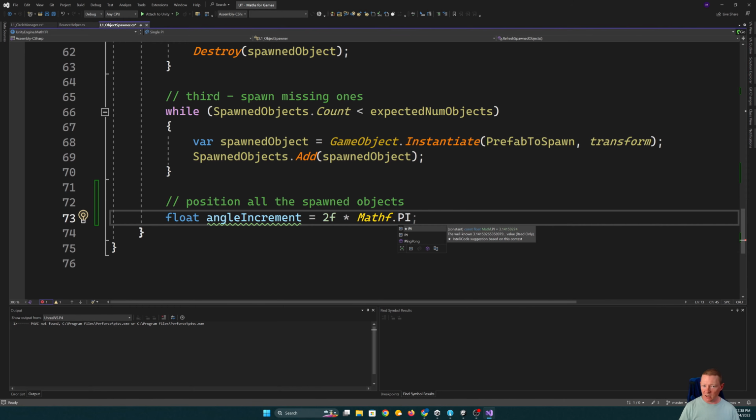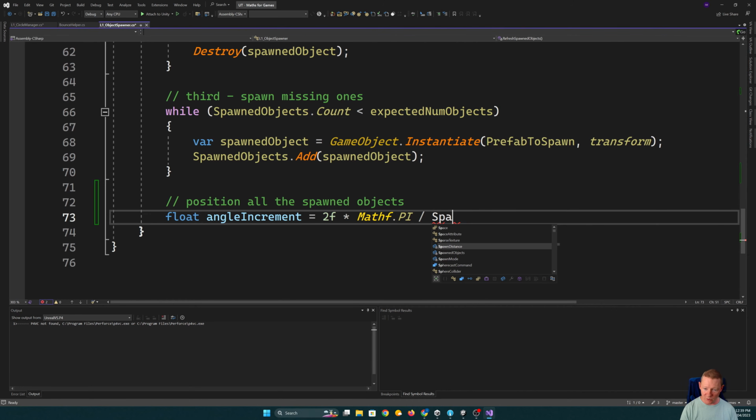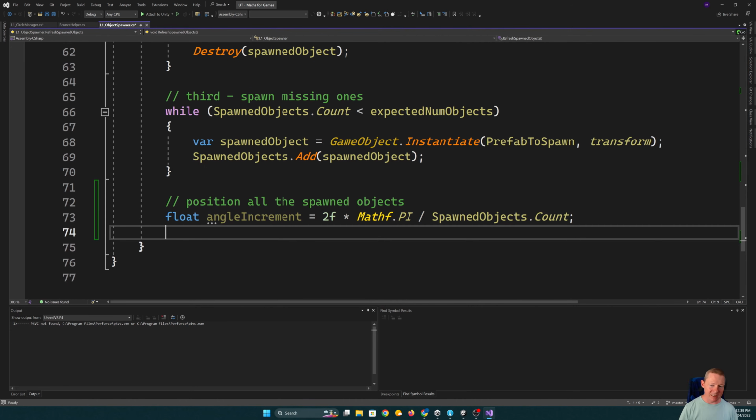Because we're using sine and cosine and they use radians, just to save an extra conversion, I'm using the radian version of the full angle for a circle, which is 2 pi. We divide that by spawned objects dot count, rather than expected num objects. There shouldn't be any difference, but it ensures we're using exactly that. So we've got our angle increment in radians.